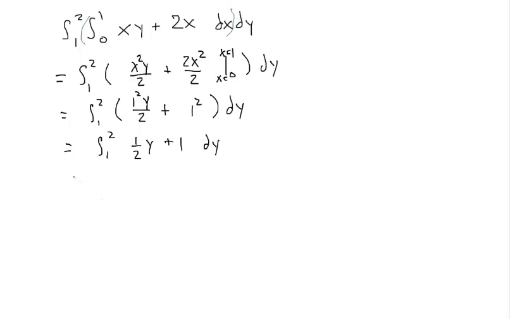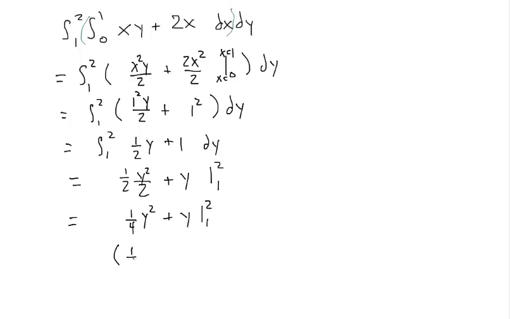Now we'll take the integral with respect to y. So we have 1/2 y squared divided by 2 plus y evaluated from 1 to 2. I'm going to clean up my fractions and say I have 1/4 y squared plus y evaluated from 1 to 2. Now we'll plug in 2 minus 1.